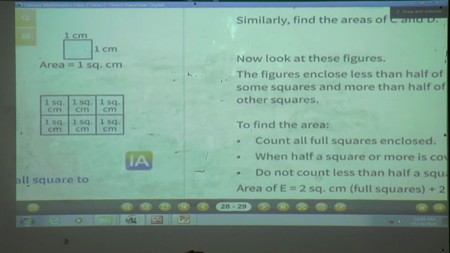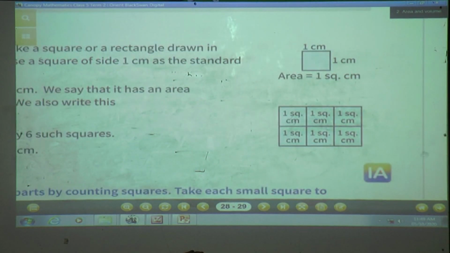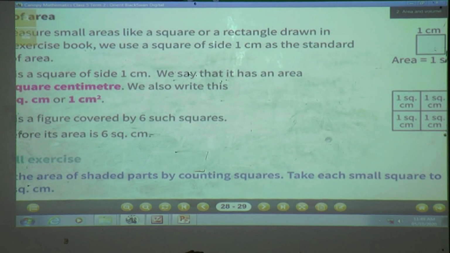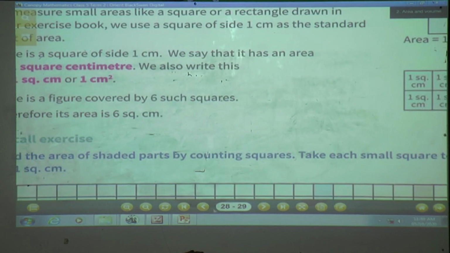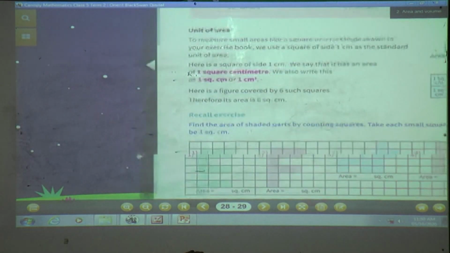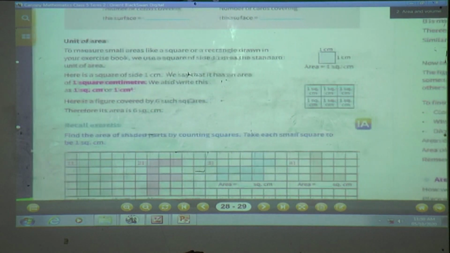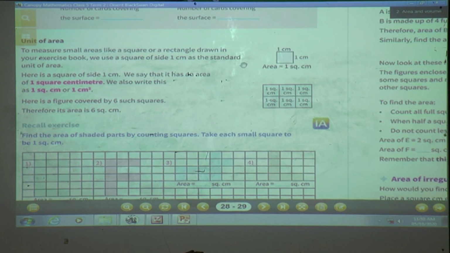Here is a square of side 1 centimeter. We say that it has an area of 1 square centimeter. We also write this as 1 square centimeter or 1 centimeter square.